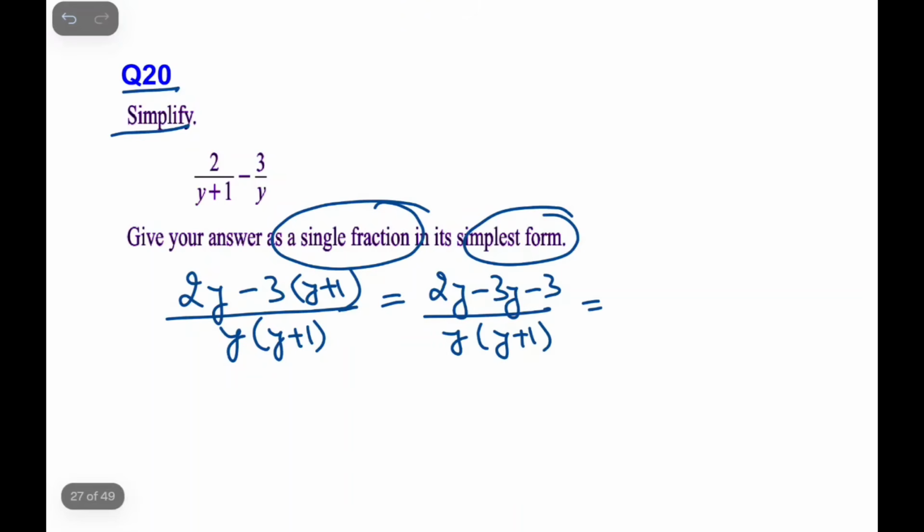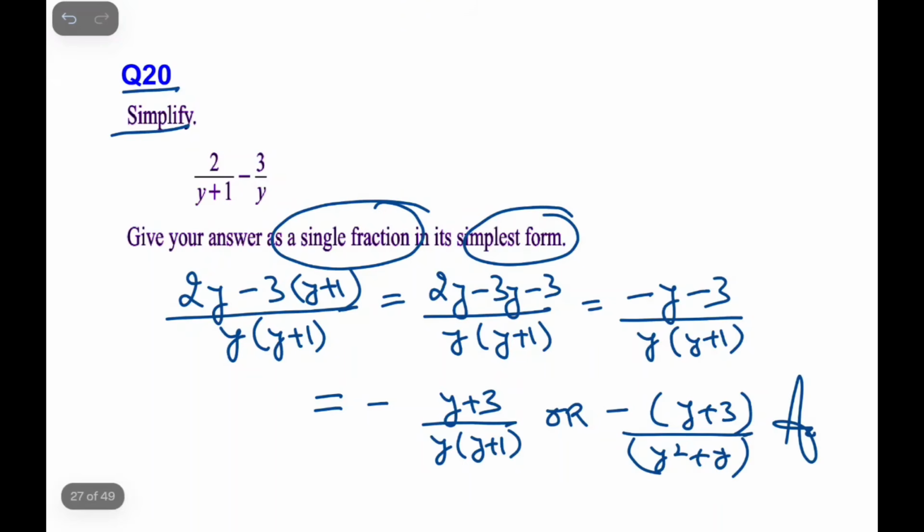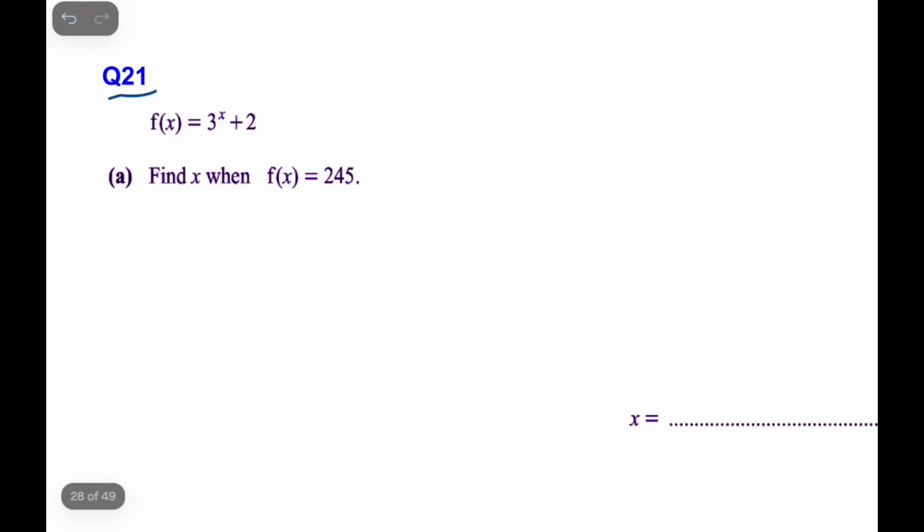Further 2y minus 3y becomes minus y minus 3 upon y times y plus 1. So this can be written as minus y plus 3 upon y times y plus 1. Or you can write it this way also, minus y plus 3 upon y square plus y. Both answers are correct.